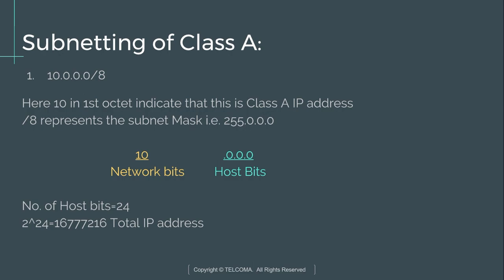The first octet represents the network bits and the last 3 octets represent the host bits. So the total number of host bits is 24, as it is represented by 3 octets. 2 raised to power 24 gives 16 million total IP addresses. So if we want to design a network that requires 16 million IP addresses, we will go with the subnetting of class A.